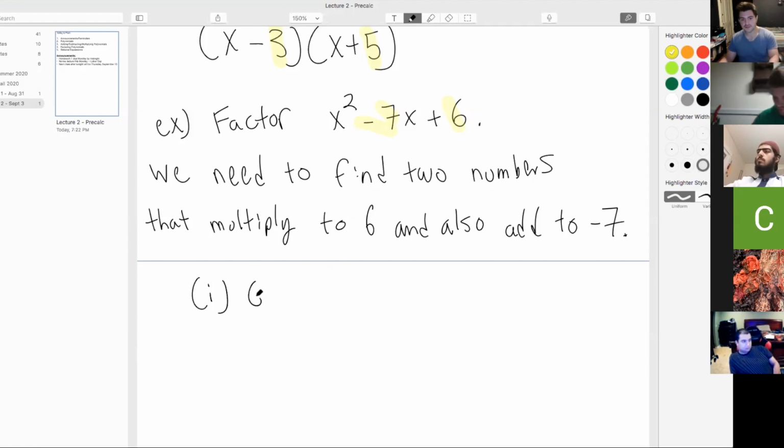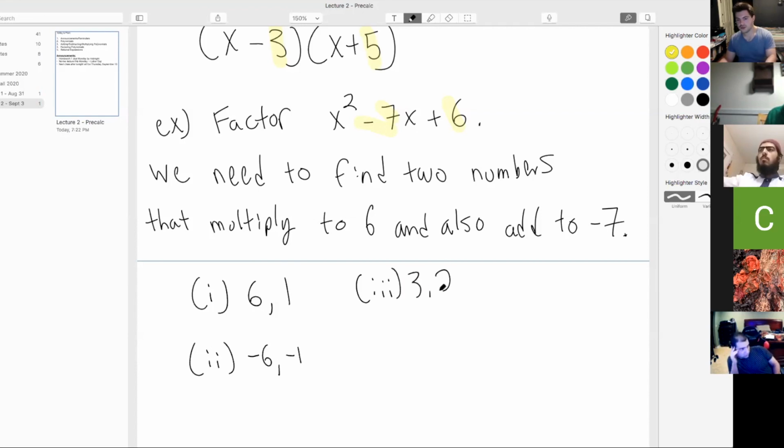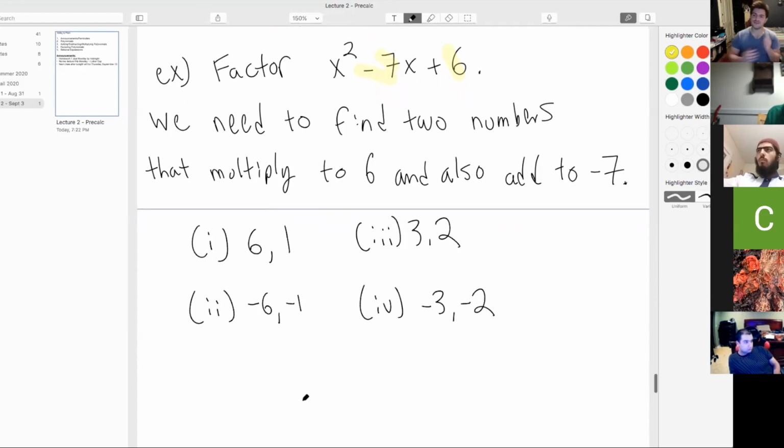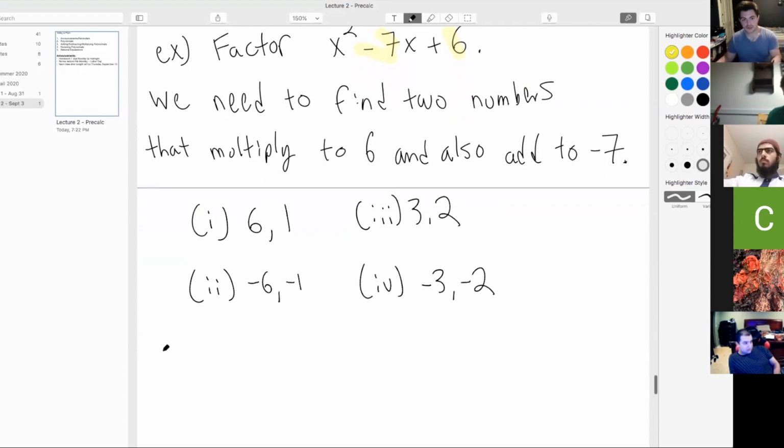First pair, 6 and 1. Second pair, negative 6 and negative 1. Third pair, 3 and 2. And fourth pair, negative 3 and negative 2. Now, we need to choose the pair that adds to negative 7. Which pair works? Does someone want to shout out?